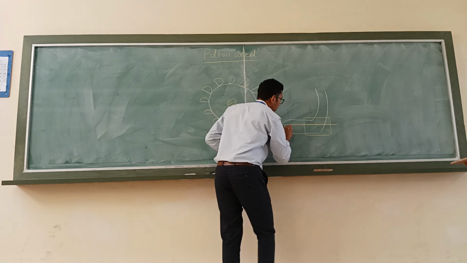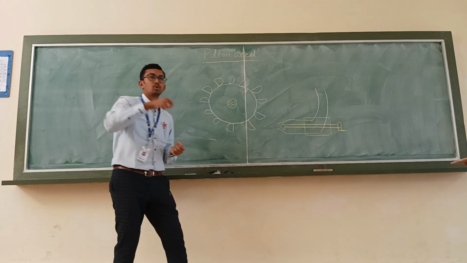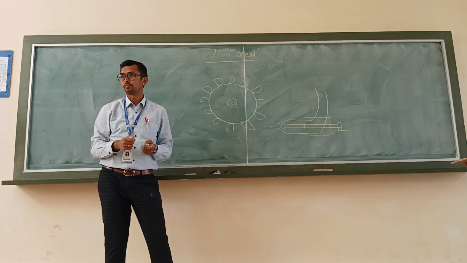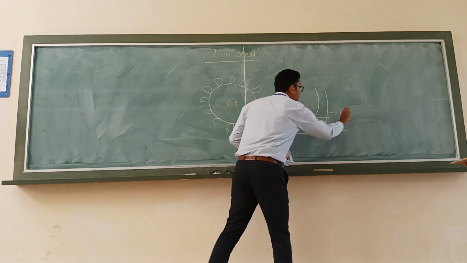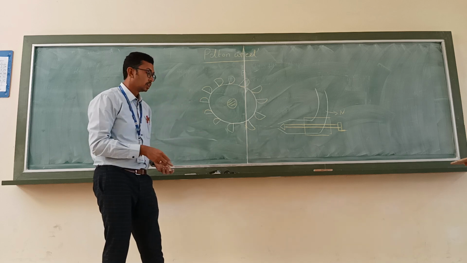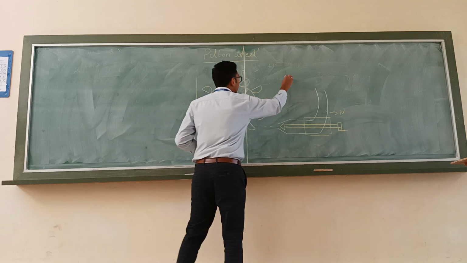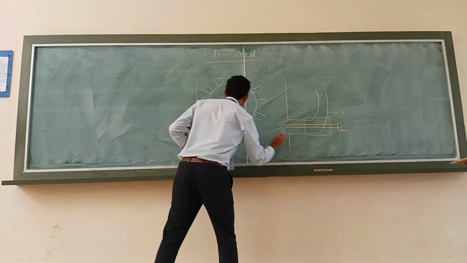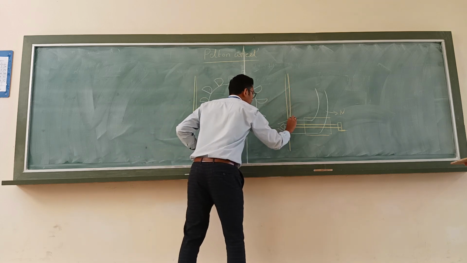By varying this, I can control the flow of water. Is it clear? This is the nozzle, and this is the assembly. This assembly is placed inside the casing.